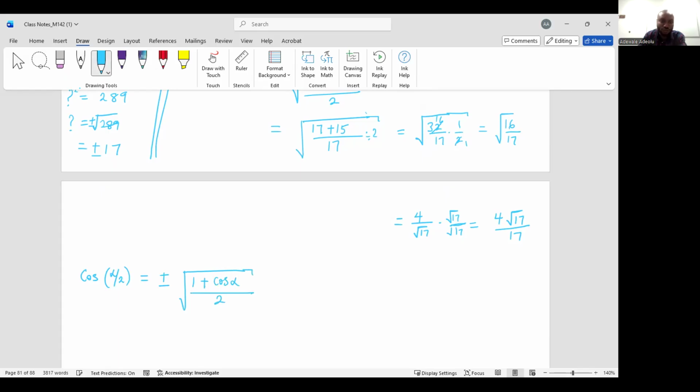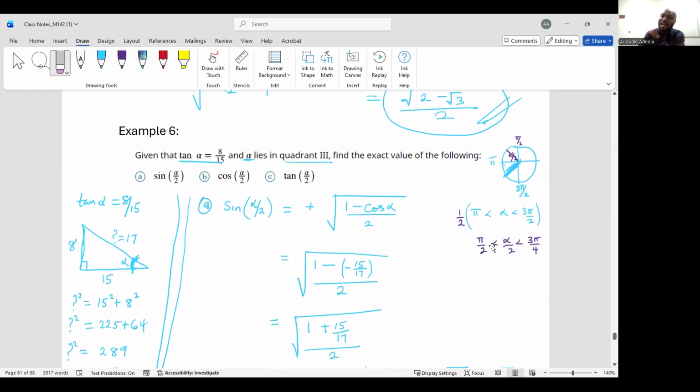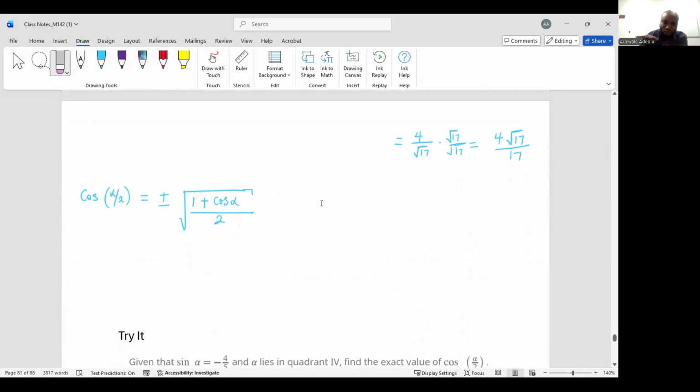Now, the first thing we need to decide is what is the sign of cosine of alpha over 2. We have done it here. We realize that alpha over 2 is in Q2, and that means that cosine is negative there, because cosine is negative in the second quadrant.